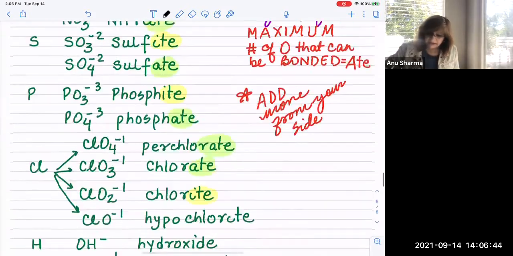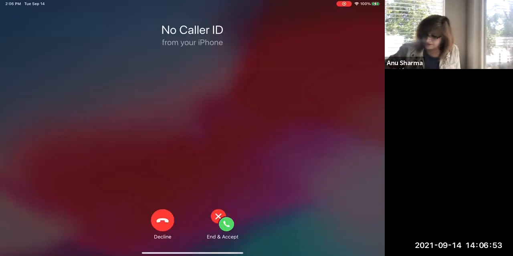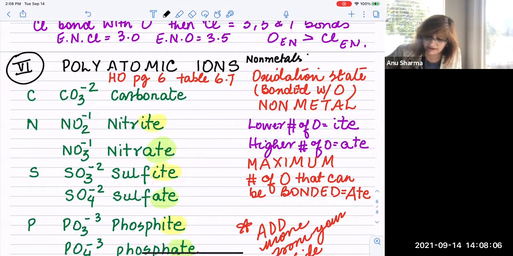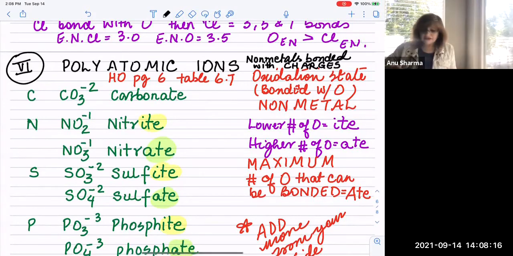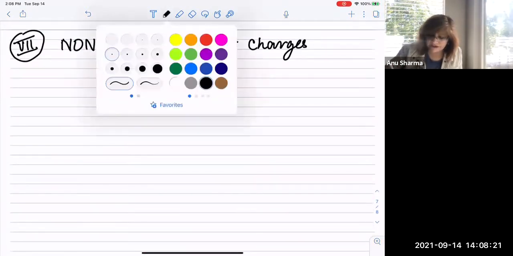Polyatomic ions are basically non-metals bonded with charges. As you can see. And when the non-metals bond without the charges, what is the nomenclature?